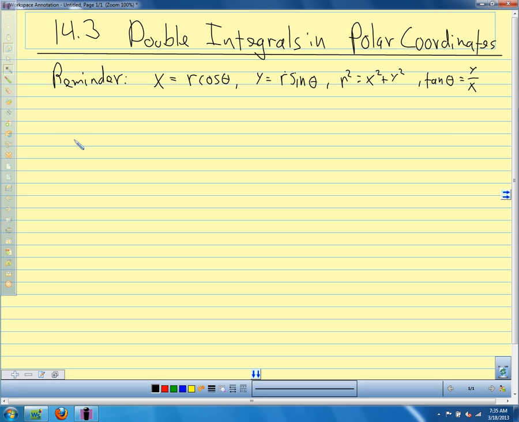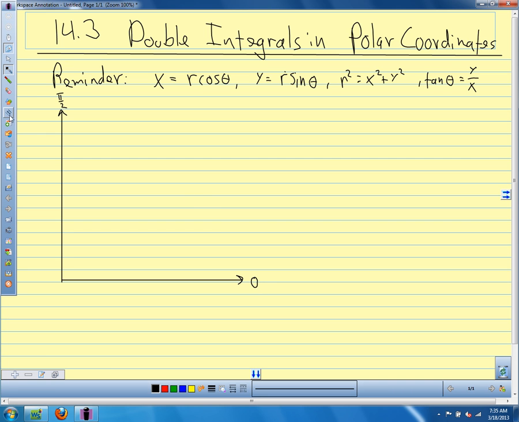So let's look at a sector, a small area of the polar plane, and come up with how we are going to write our area increment. So this is our pi over 2 axis. This is our theta equals 0.